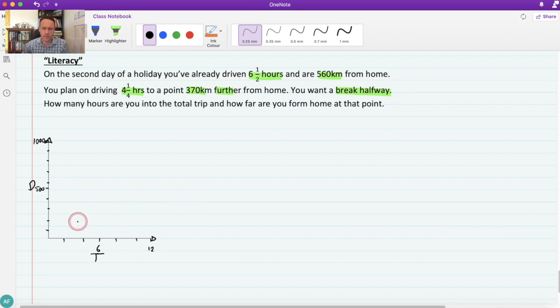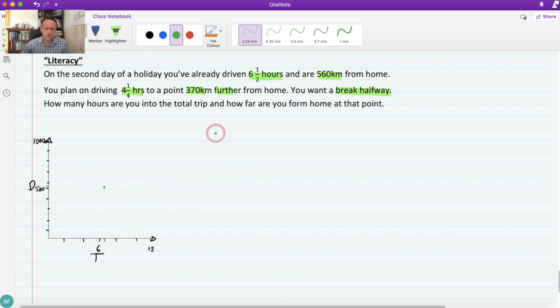Now that allows me just to start throwing some graphical stuff in there. So we know the first point on our trip is going to be 6.5 hours away from home. So here's 6, that's 8, so we go here, and we know that we are currently 560 k's from home, which sits about here. Okay, so that's our first point.